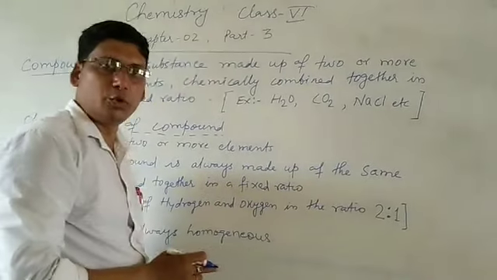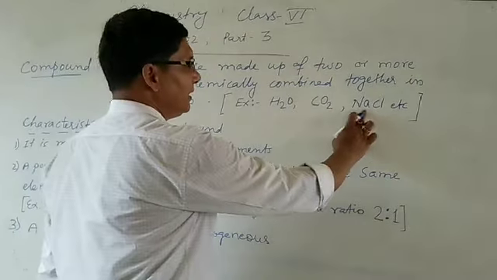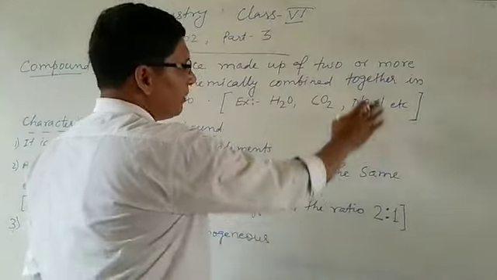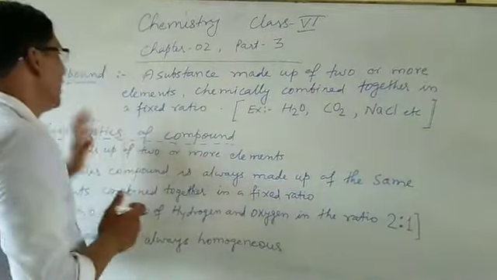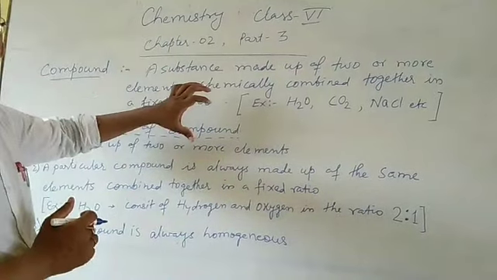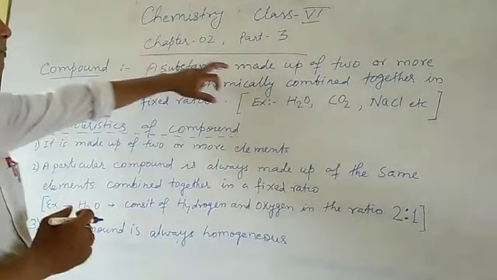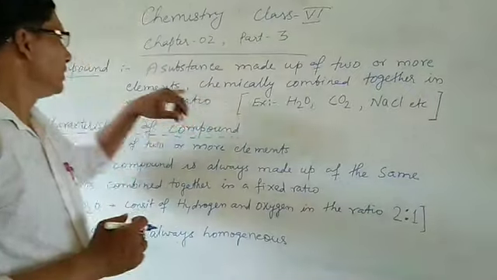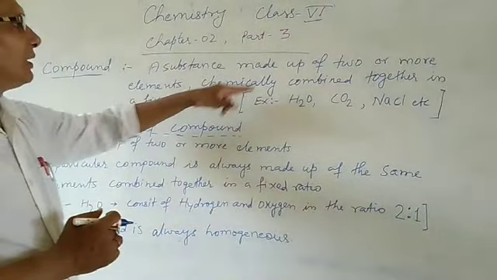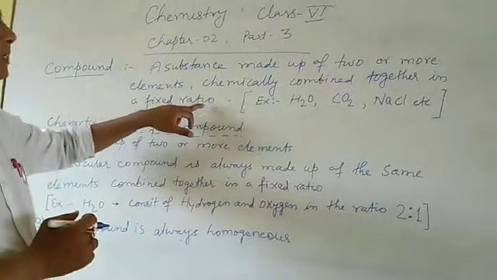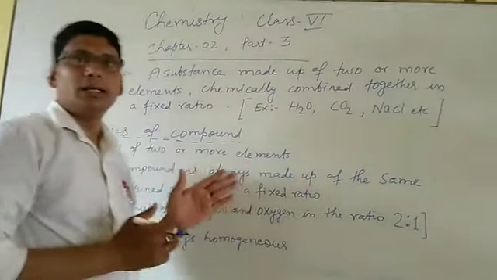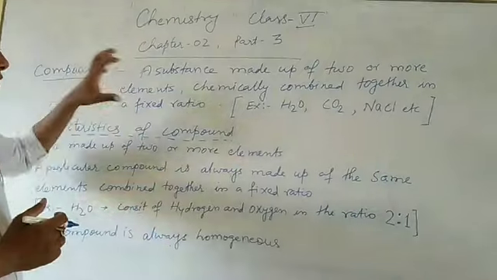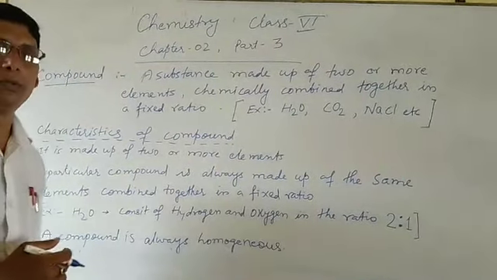In these examples, two different elements have joined together and formed a compound. So this is the definition: a substance made up of two or more different elements chemically combined together in a fixed ratio. These different elements are combined in a fixed ratio to form a particular compound.